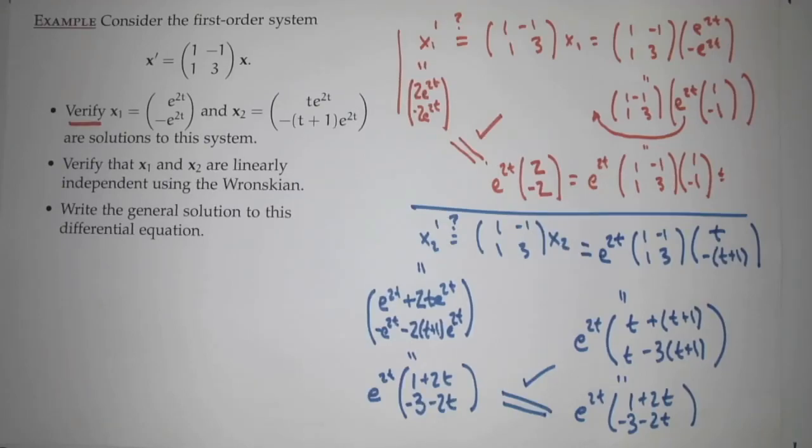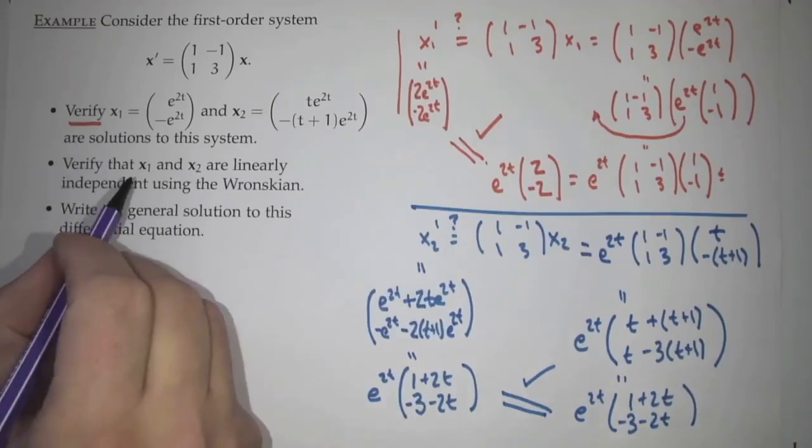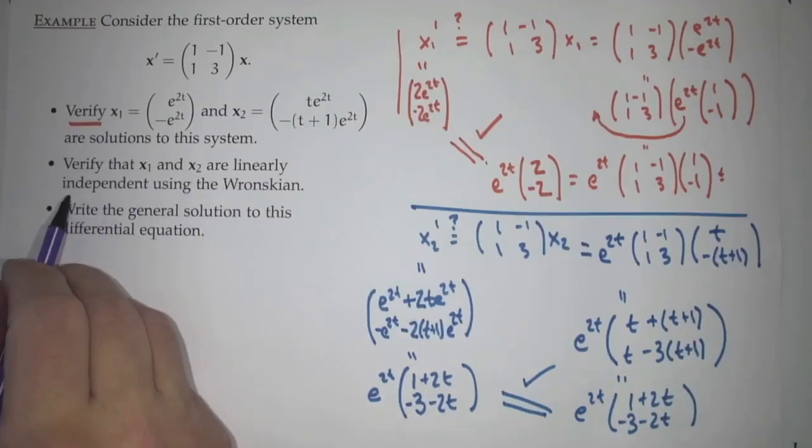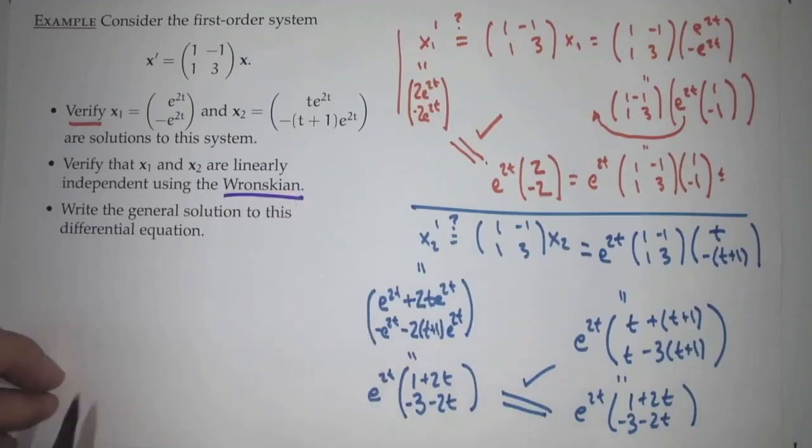Okay, now another verify. Verify that x1, x2 are linearly independent using the Wronskian. All right. Well, now the Wronskian acts a little differently because it's different than when we went back to our case where we were like, okay, ordinary differential equation, we had a bunch of functions. Now we have a bunch of vectors. And each vector is its own function.